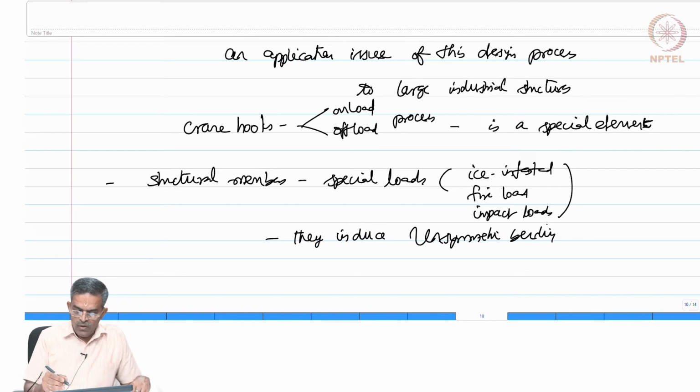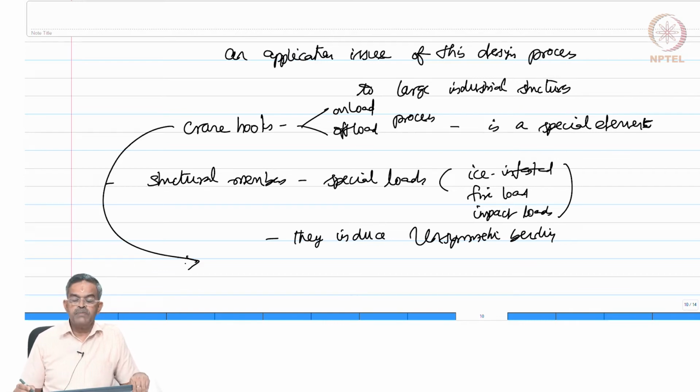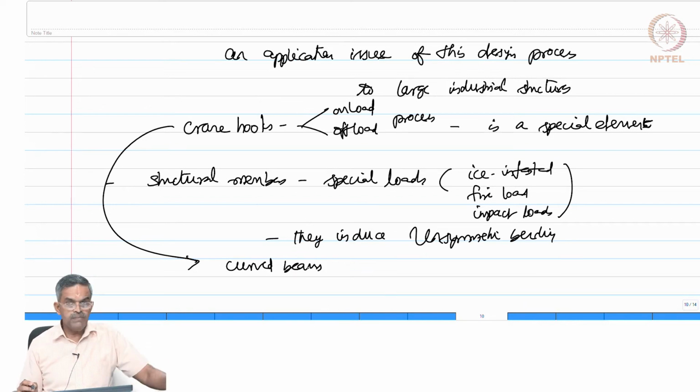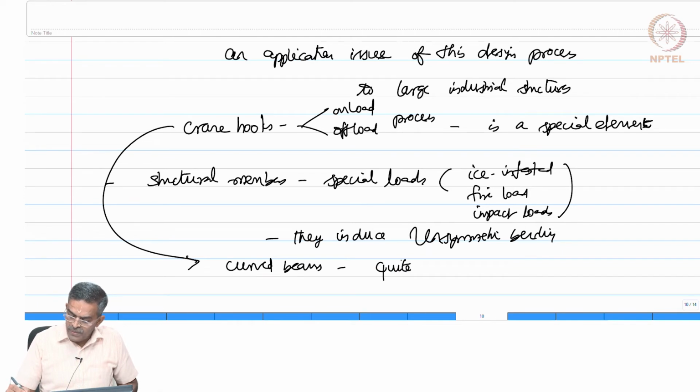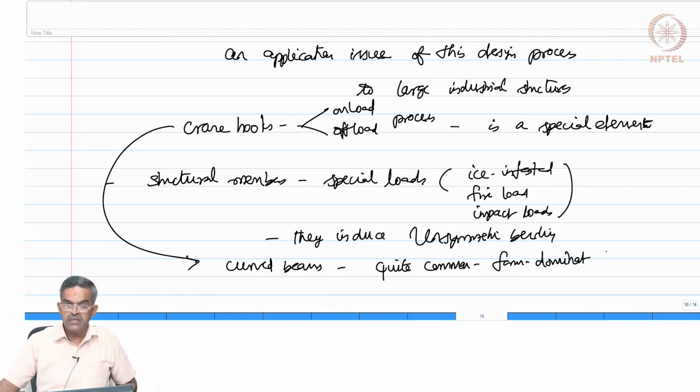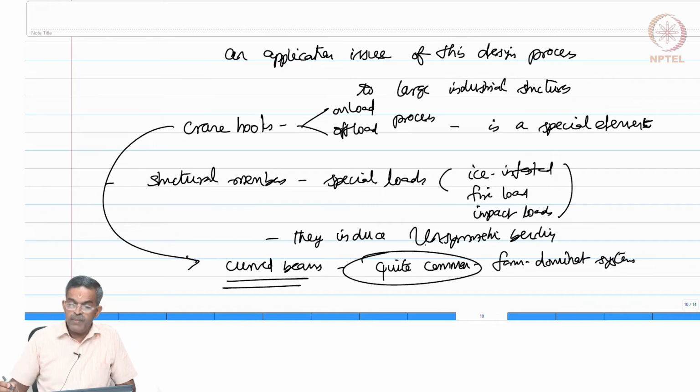Further, crane hooks are special elements because they are curved beams, and curved beams are quite complex in design, but they are quite common in form dominant systems. I have given an example in the last lecture about arches. In form dominant systems, curved beams are quite common, but in design they are quite complex.